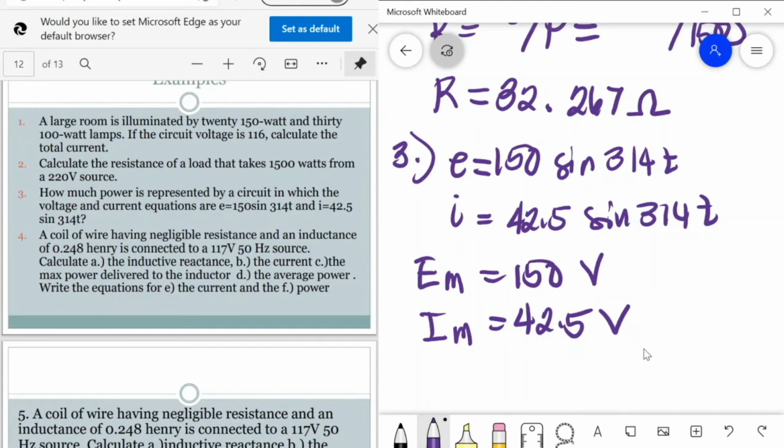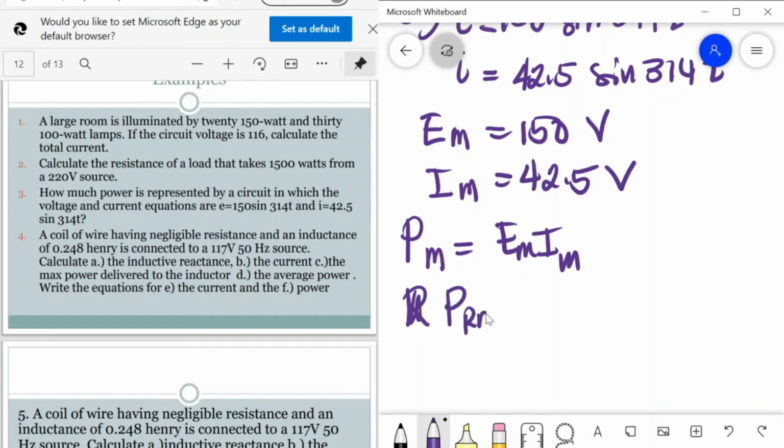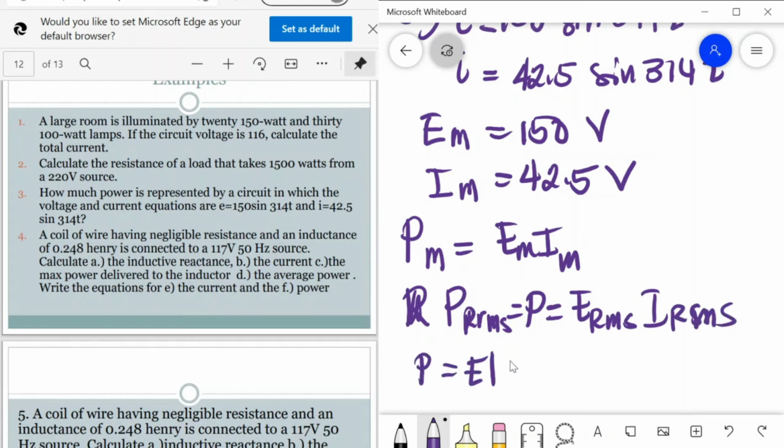But we are required, how much power is represented by a circuit? So we will multiply to get the maximum power that is equal to EmIm. For the RMS, P RMS or simply P, that is equal to E RMS multiplied by I RMS, or P is equal to EI.